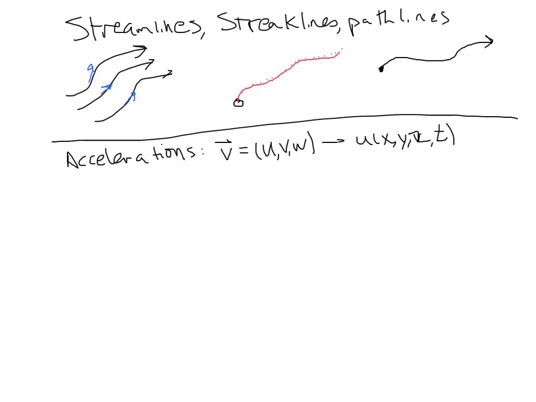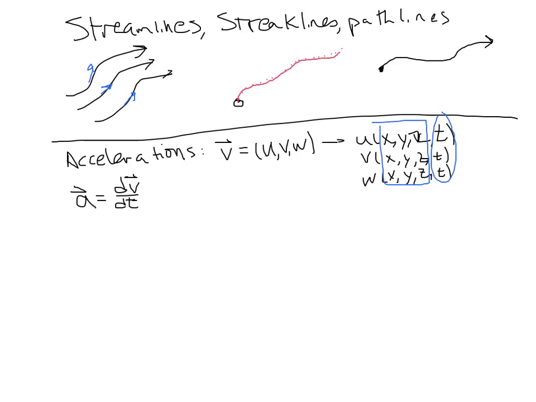So same is true for v, a function of x, y, z, and time, and w, a function of x, y, z, and time. So the acceleration vector, which is the total time derivative of the velocity vector, needs to account for both the time variability and the implicit time variability that's created by spatial variations.